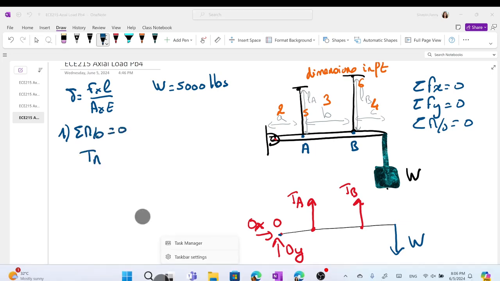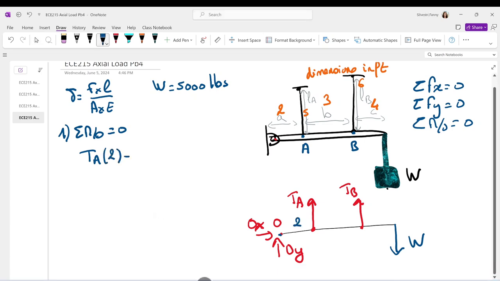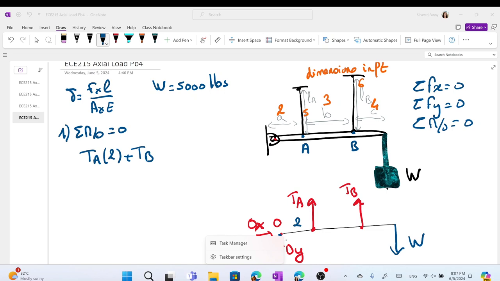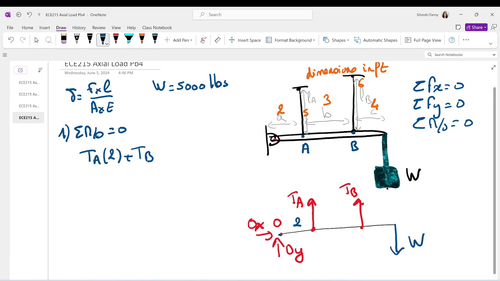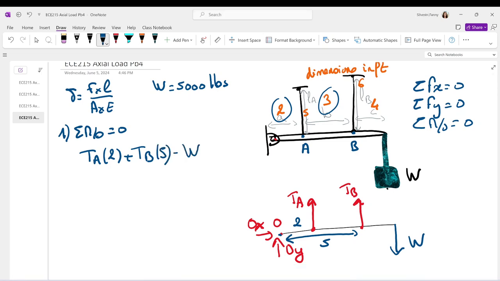We have TA that creates a positive moment times 2, this distance, plus TB times the total distance from O, so this is 2 plus 3 times 5, minus the weight W times the total distance from O, that will be 2 plus 3 plus 4, so 9, times 9 equals 0.